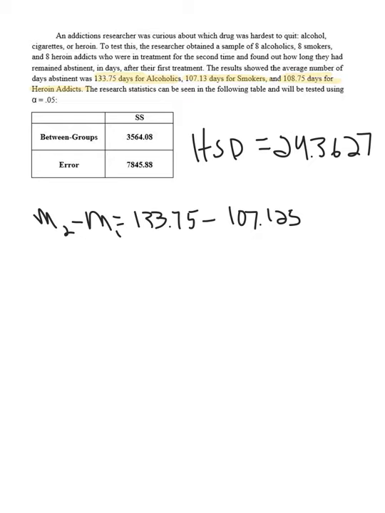Because I put, like, this is group 1, this is group 2, this is group 3, is how I have it. And it doesn't matter too much as long as you're understanding what makes sense. So the difference between those is 26.625. Now we want to compare that to 24.3627. Well, that is bigger than. So we have significance between these two groups.